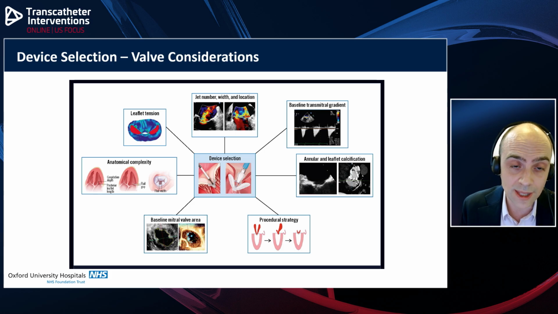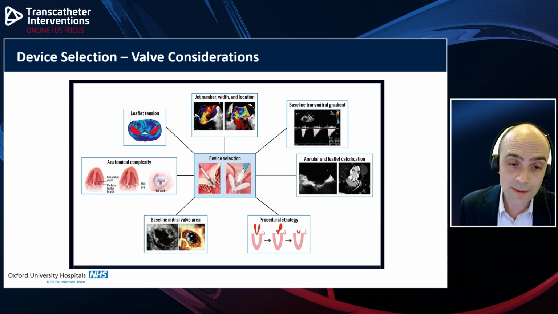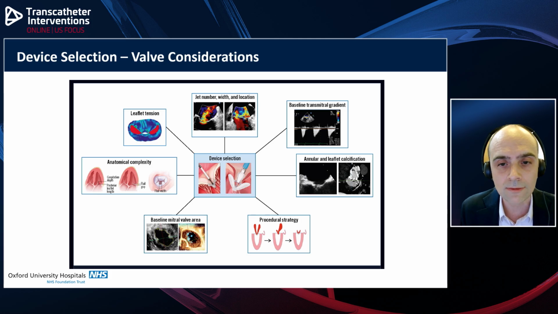And in turn, that informs what size of device and where are you going to put them. Baseline gradient and baseline mitral valve area are worth considering together because they both tell you something about how much space you've got to play with. If you've got a small valve, 3.5 centimeters squared, you might be looking at a one and done case. And that means you're going to need to think very carefully about where you're going to put that one device and also the size of device you're going to choose. And perhaps MitraClip gives you a little more flexibility about your sizing device strategy.